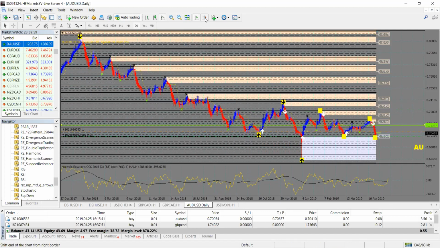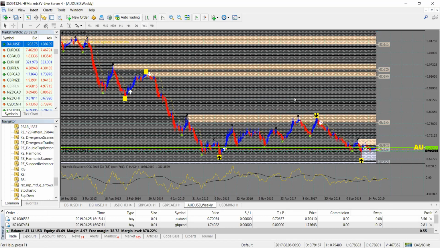Let me reduce this. Let me go to a weekly chart. There you go. This is the weekly chart. You can see again that even on the weekly chart, this is a demand zone. So definitely the price was bound to hit that zone and move up. Now this is one of my most conservative entry methods, but I use this basically for swing trades.